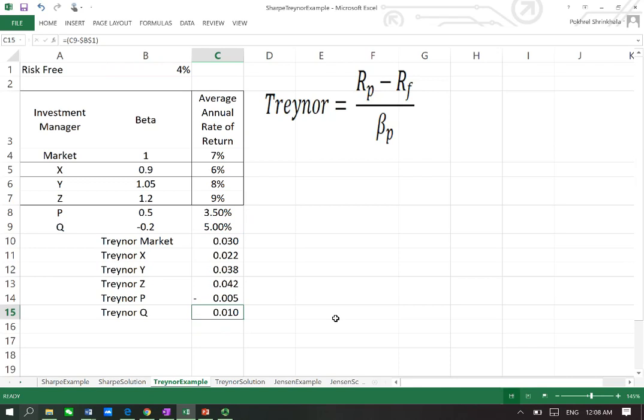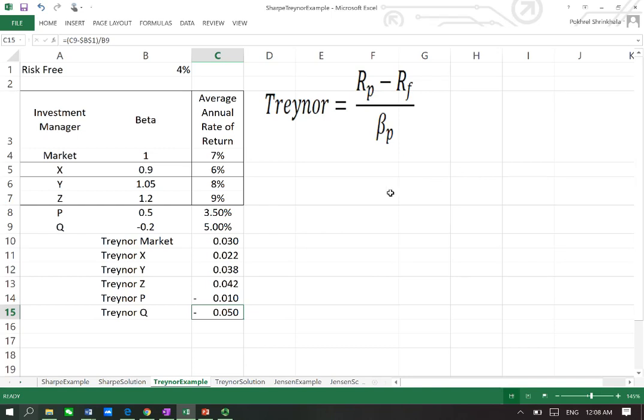Okay, but now what you also need to do is divide it by the beta, which is 0.2. What we additionally needed to do is divide it by the beta. Okay, so now Treynor for Q is negative, but this negative is caused by the beta being negative.